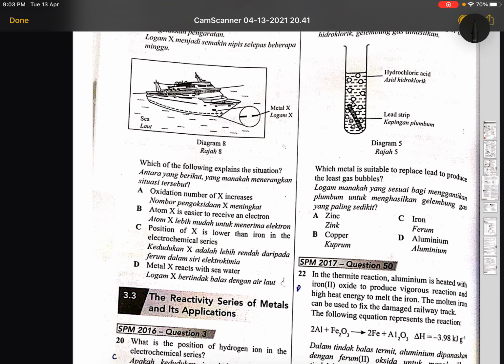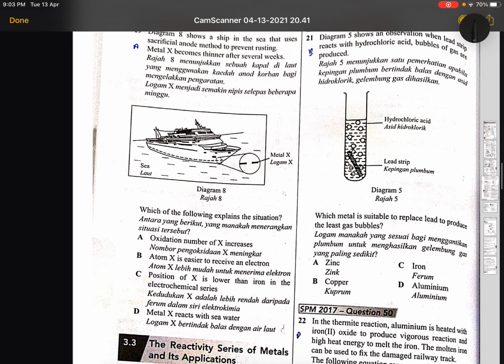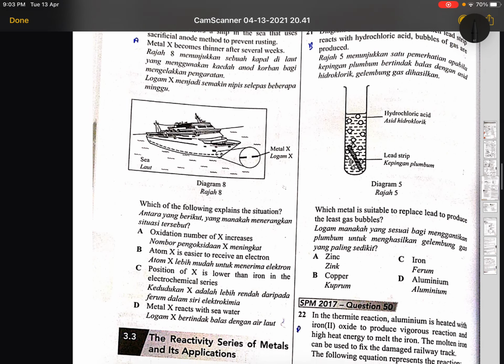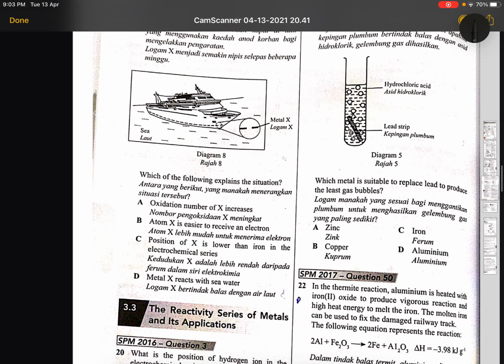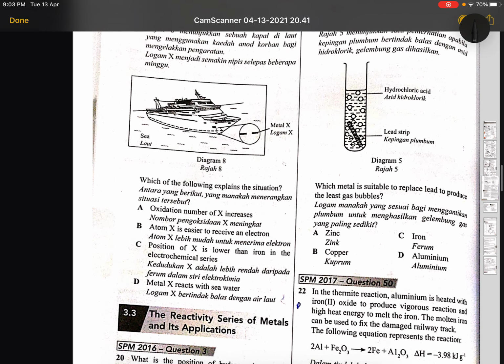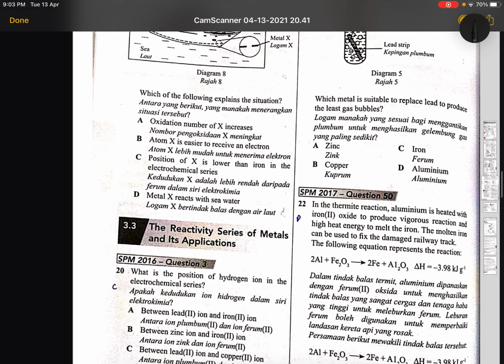B. Atom X is easier to receive an electron. C. X is lower in the electrochemical series. D. Metal X reacts with seawater. So they are all the same actually. Actually, wait.